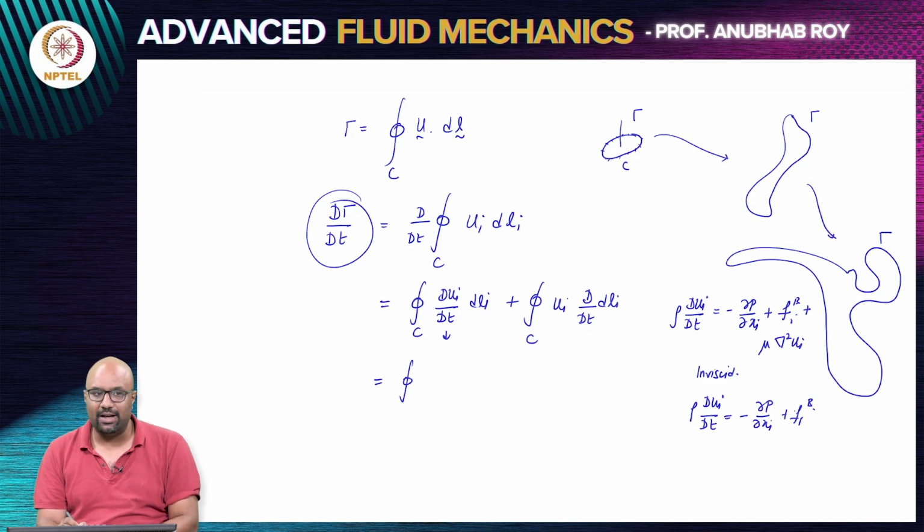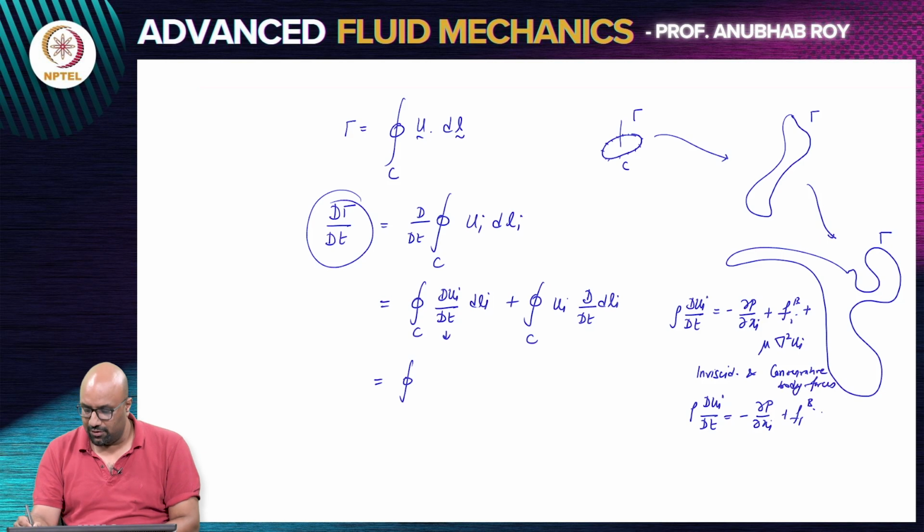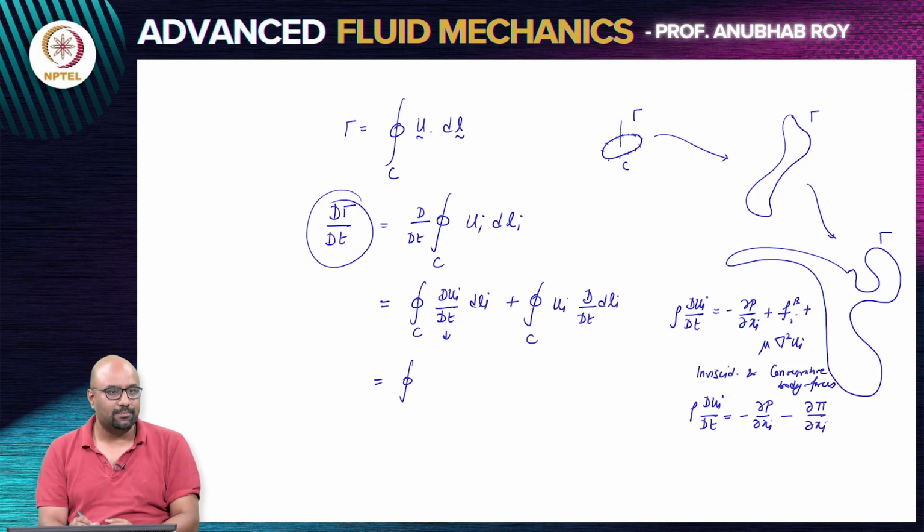And the body forces that we have in mind, we are going to consider conservative body force, and a classical example is that due to gravity. For a conservative body force, I can write it as gradient of a potential. If it is gravity, then that potential is potential energy, and its gradient gives me the force due to gravity.